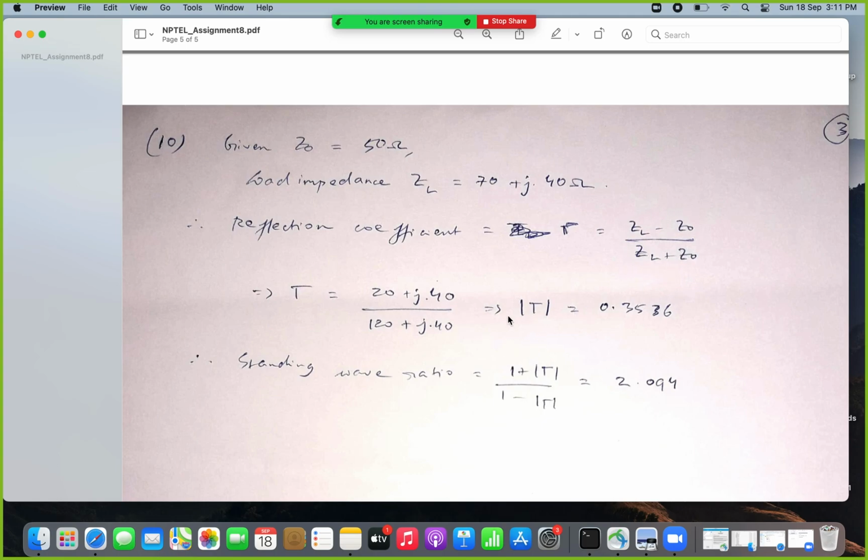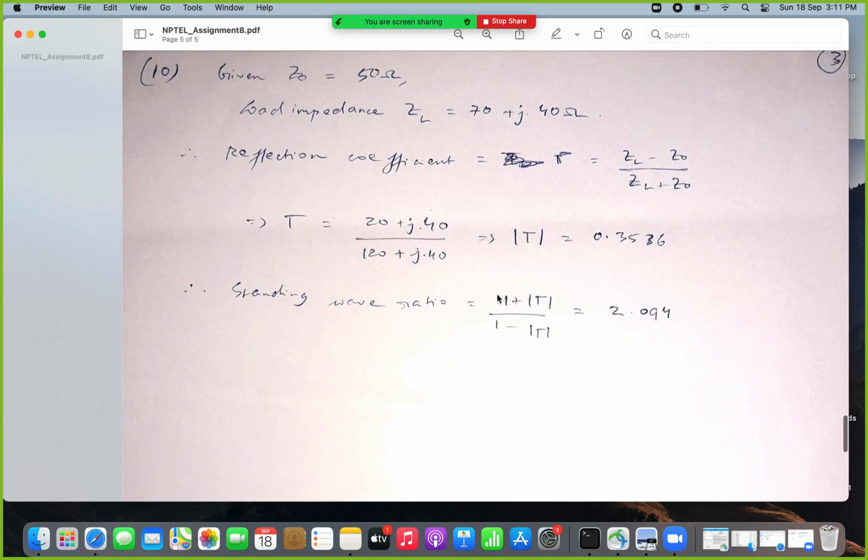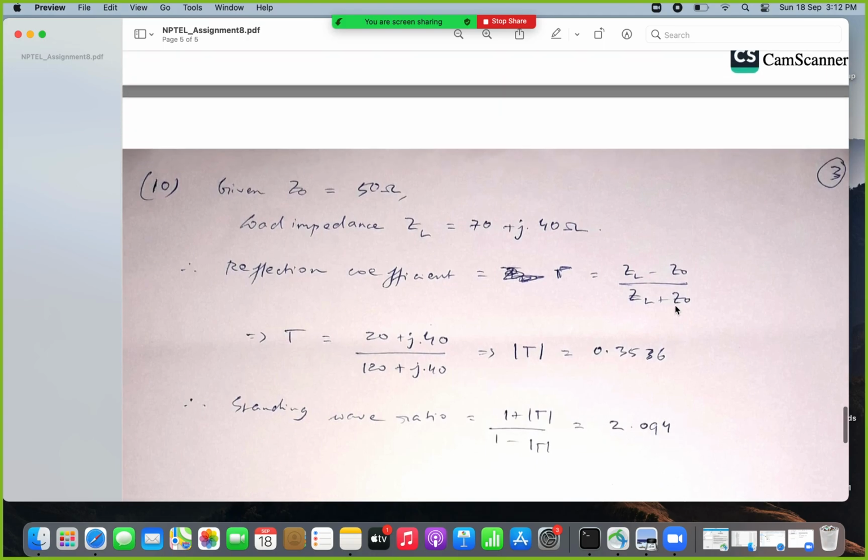So once I get the reflection coefficient, I calculate the magnitude, and then the standing wave ratio is basically 1 plus mod gamma by 1 minus mod gamma. The standing wave ratio is basically the maximum to minimum of the voltage. So this is how you calculate standing wave ratio.